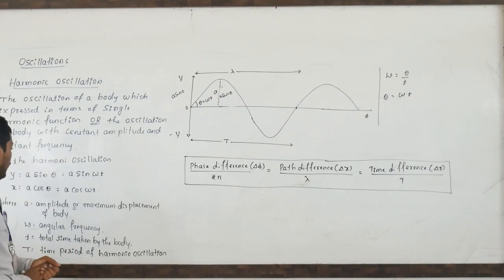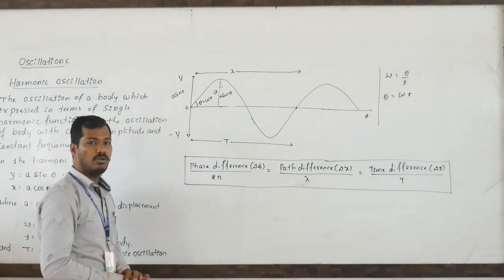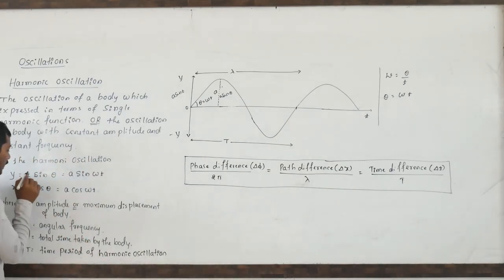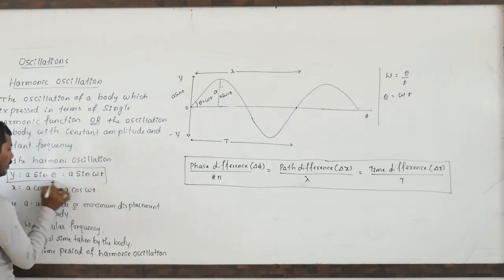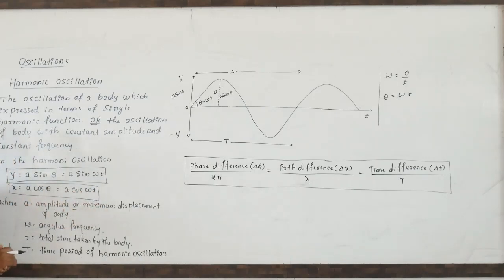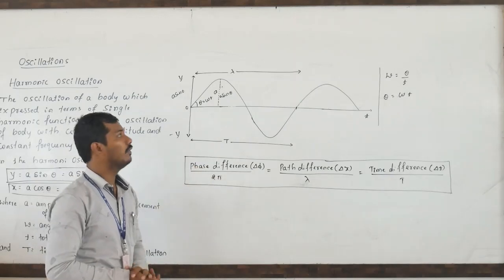Now we have to take the simple harmonic function. These harmonic functions are A sin omega t and A cos omega t, the y displacement and x displacement of the body. This is one very important form.